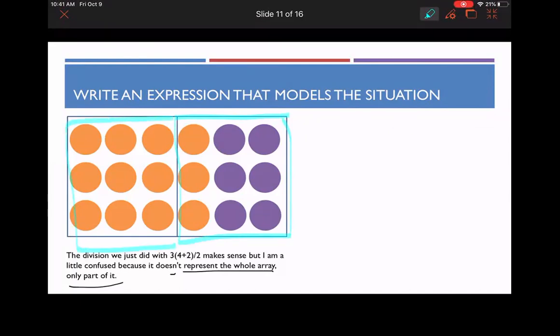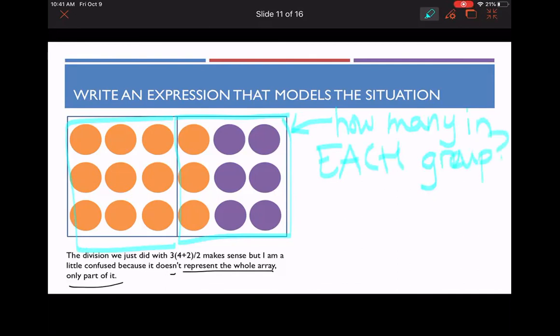And this is where the static representations, like this drawing, are tough. But when we're thinking about division, in this case, if we divide it into 2 groups, we only want to look at one of these groups, right?